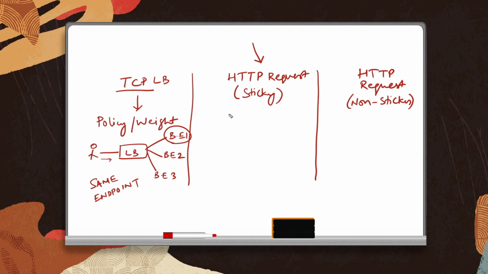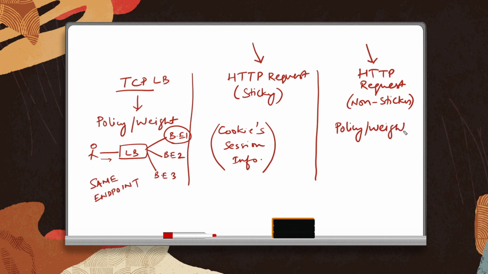Now let's look at what happens in case of HTTP request, which is sticky. In this case, it is going to forward the request to the backend server that is specified by the cookie's session information. And in case of HTTP request, which is non-sticky, the policy or weight criteria is going to be applied to every incoming request.